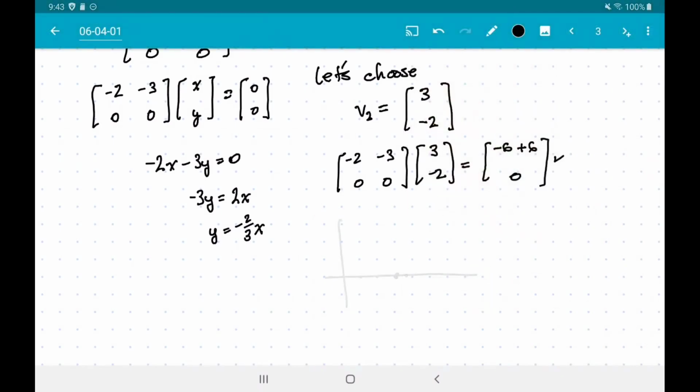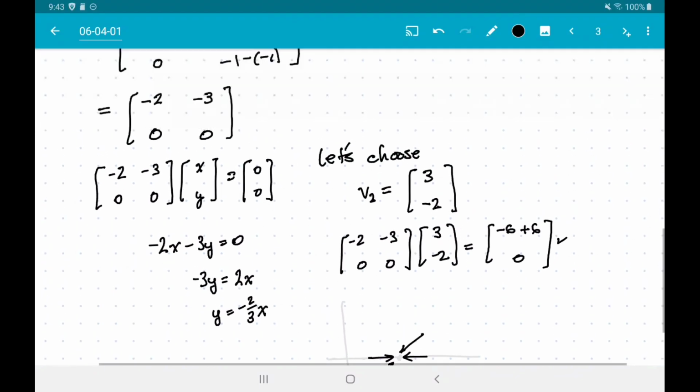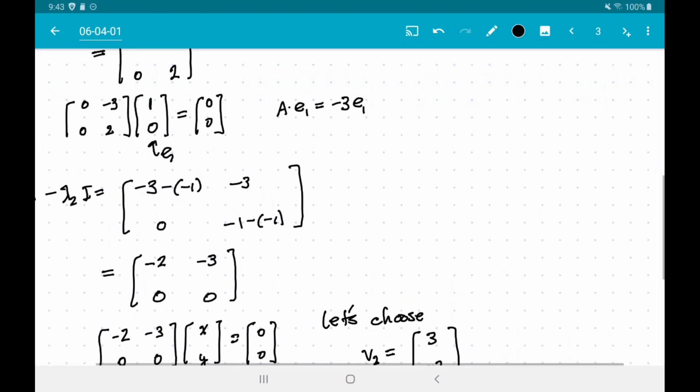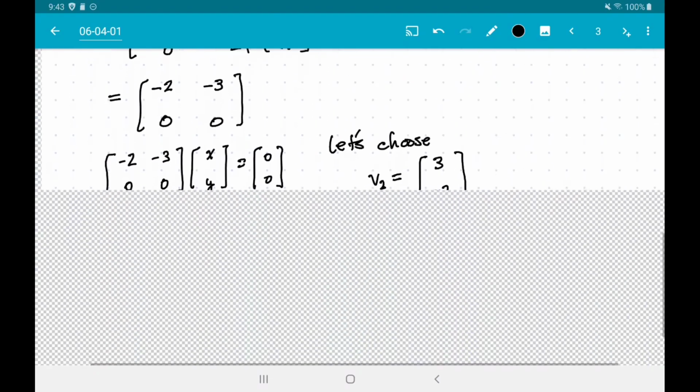So there's an eigenvector in that direction, and then there's also an eigenvector where x is 3, minus 2. So there's an eigenvector pointing off in that direction. The eigenvalue associated with the E1 direction is -3.